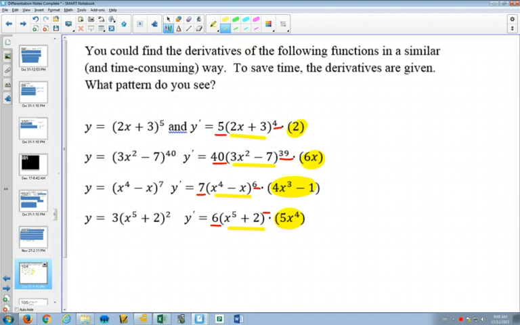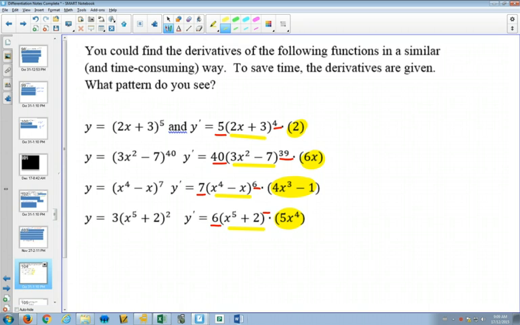Fascinating. So instead of having to expand these, especially that 1 to the power 40, and then simplify and take the derivative, now we can do the derivative of the outside function and then multiply by the derivative of the inside function.